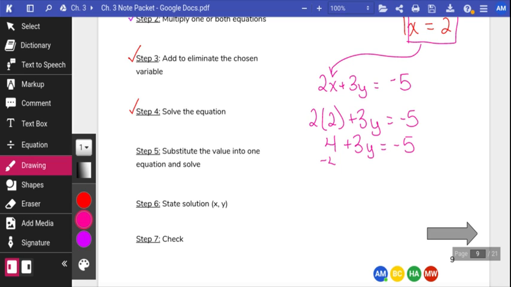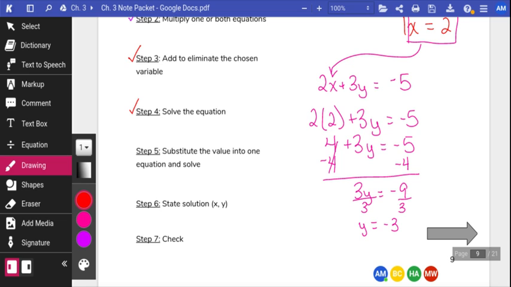Subtract 4 on both sides to balance my equation. I get 3y is equal to negative 9. To solve for y, I need to divide both sides by 3, and y is equal to negative 3.